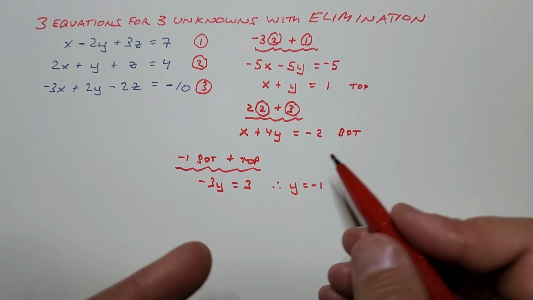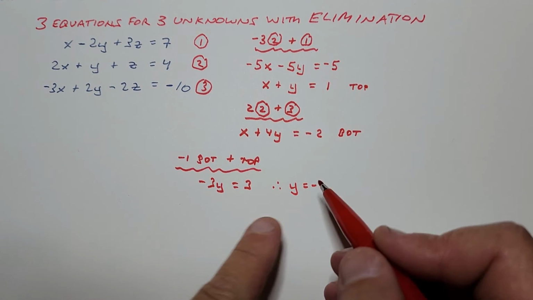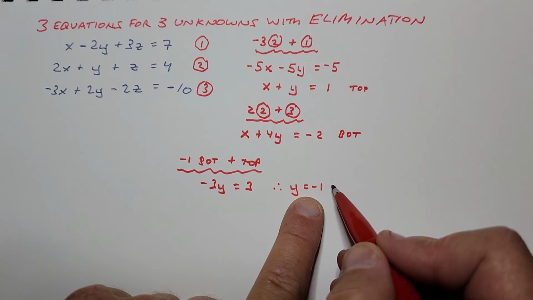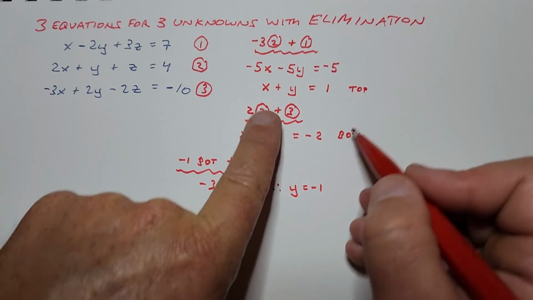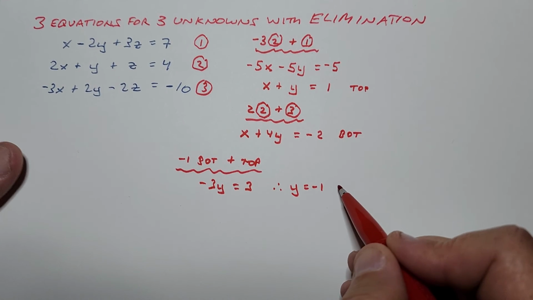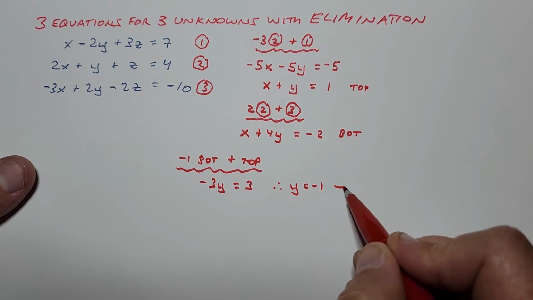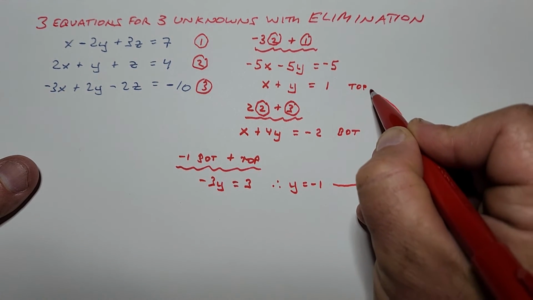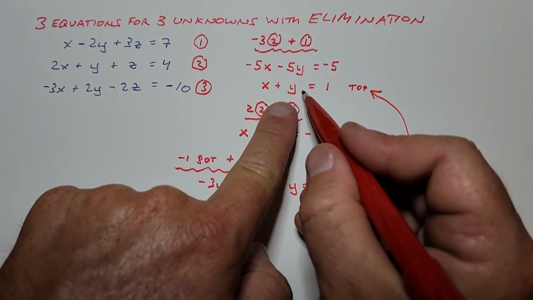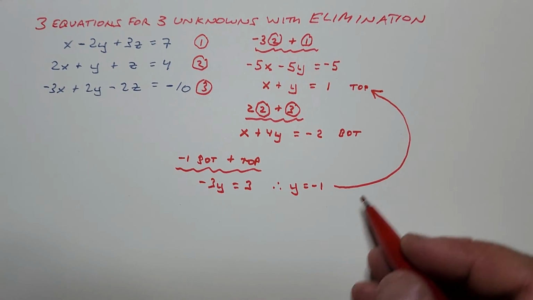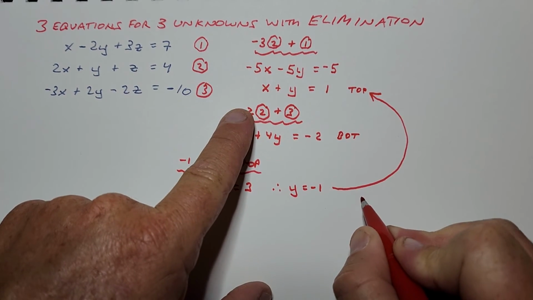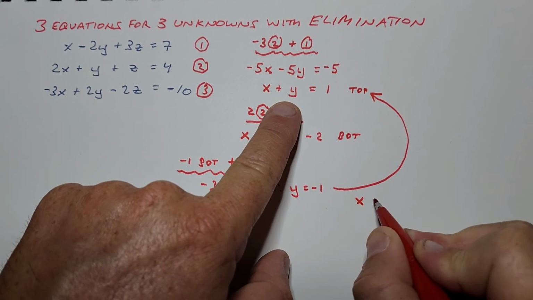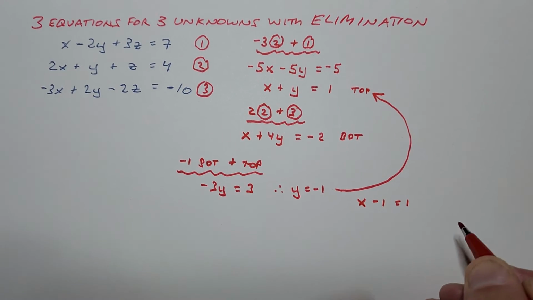And so now we can plug this back into one of our previous equations, and that will help us unravel what the other variables are. So let's plug y equals negative 1 back into our top equation. I picked that one because it's pretty easy. If we plug it in, what we learn is that x minus 1 equals 1.